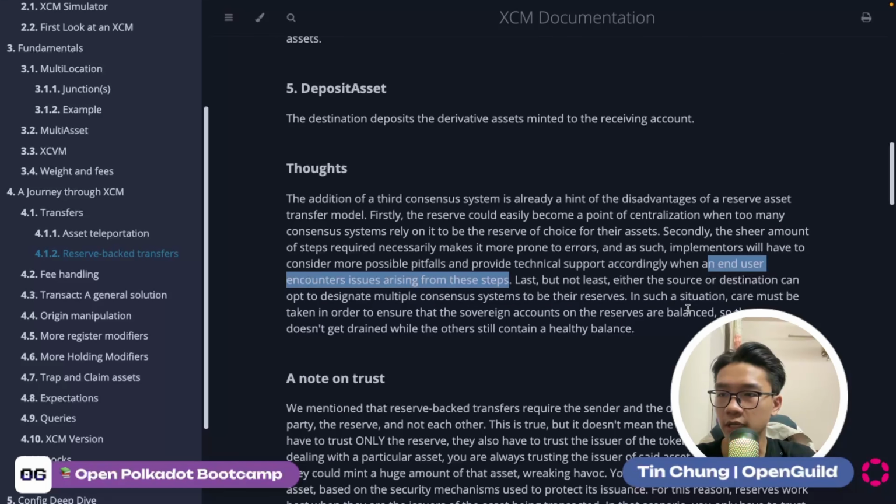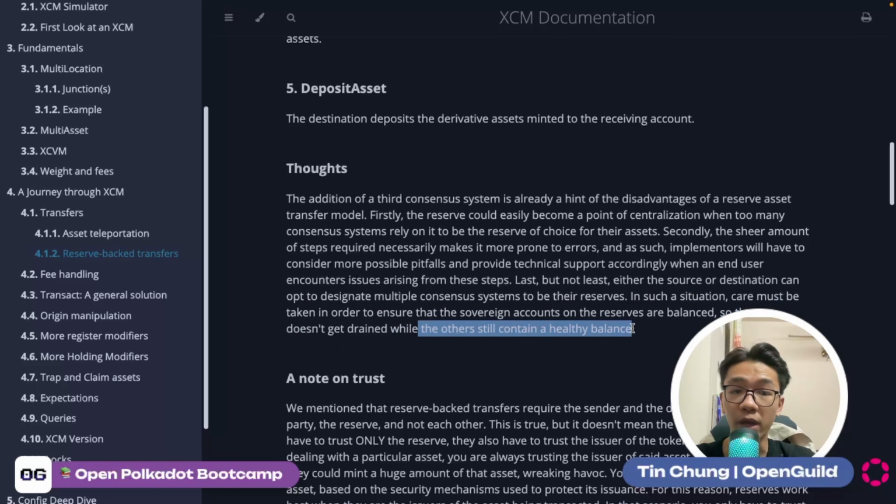And last but not least, either the source or destination can opt to designate multiple consensus systems to be their reserve. In such a situation, care must be taken to ensure the sovereign accounts on the reserves are balanced, so that one doesn't get drained while the other still contains a healthy balance. Let's say you want to send the asset across multiple consensus systems, and each consensus system wants to designate a specific blockchain as reserve.